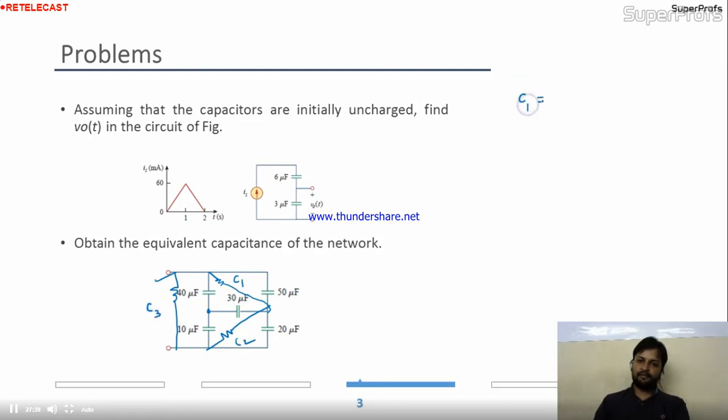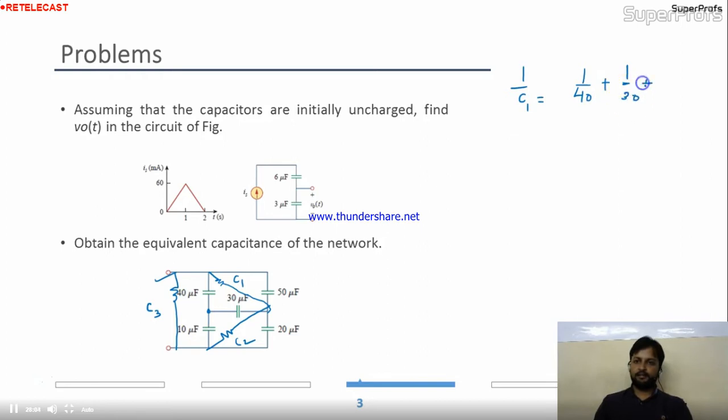Now the value of C1, if you calculate, C1 is connected with 40 micro and 30 micro. And I told you, you will invert it. If you write the equation, everything will be inverted. 1 by C1 is nothing but 1 by 40 plus 1 by 30. Everything is in micro, this side and this side, so they will cancel out. So don't bother about that.